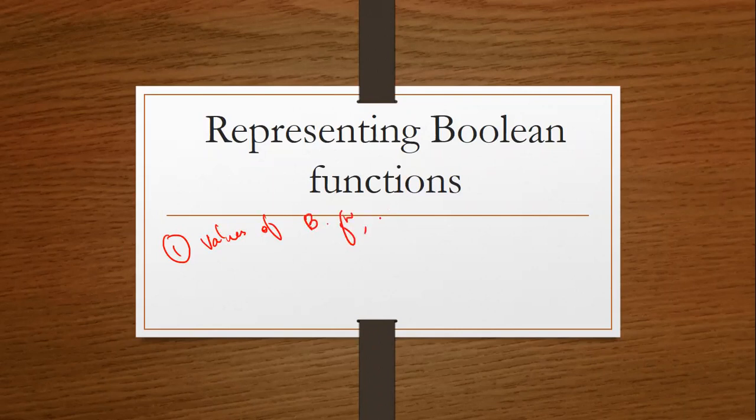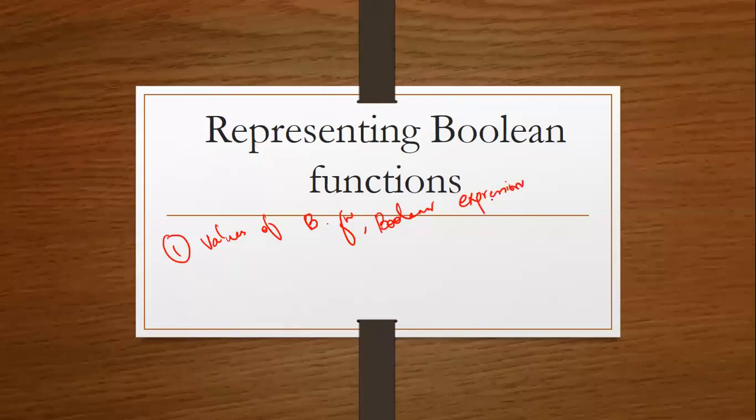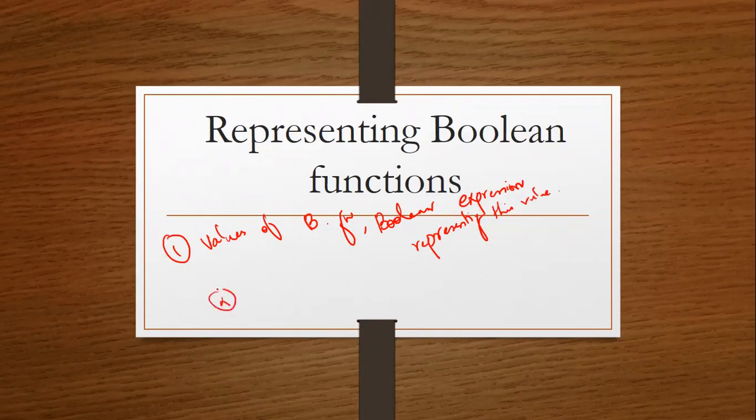Then how can we find a Boolean expression representing these values? And the second question is, is there a smaller set of operators that can be used to represent all the Boolean functions? So instead of using a lot of operators, can we minimize the number of operators?